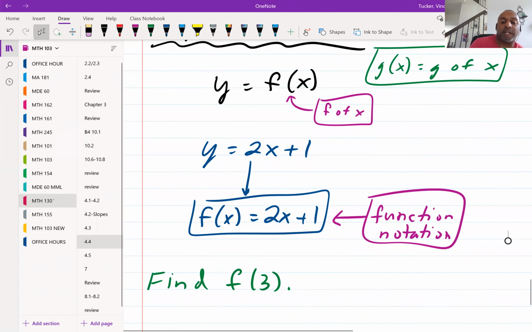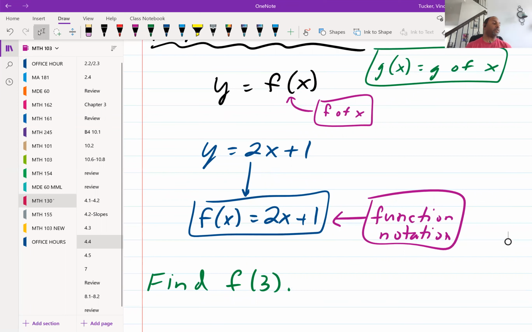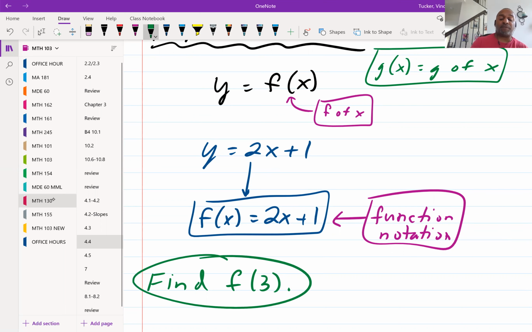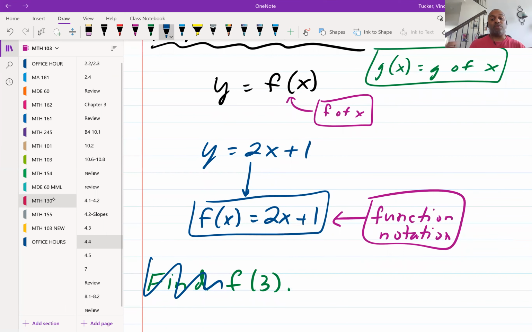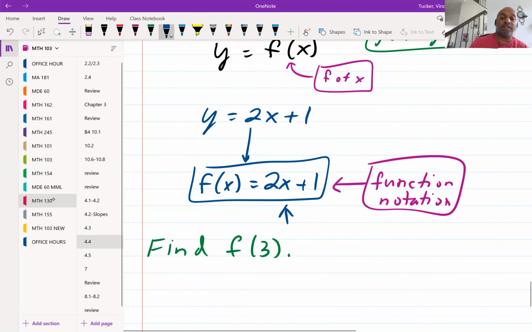So what it does is give someone the ability to give you extra information. With mathematics, a lot of times giving you instructions with the least amount of words possible seems like their goal. They could write find f of 3, or even just f of 3, and you could find f of 3 by taking what is already established as f of x. They have to tell you what f of x is.